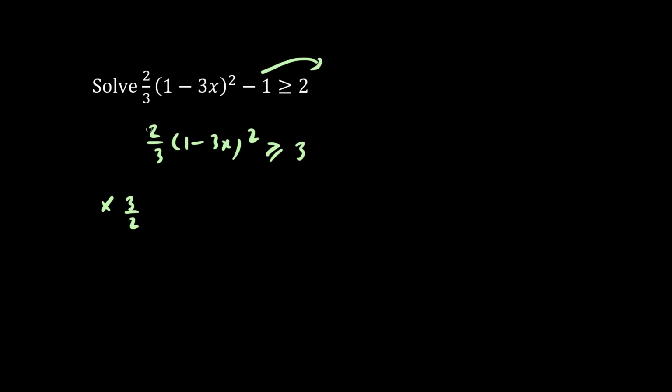And by doing so, this disappears. We have (1 minus 3x) squared is greater than or equal to 3 times 3 over 2, which is, multiplying across, 9 over 2. We don't have to worry about this inequality symbol flipping because this is a positive number here, 3 over 2.